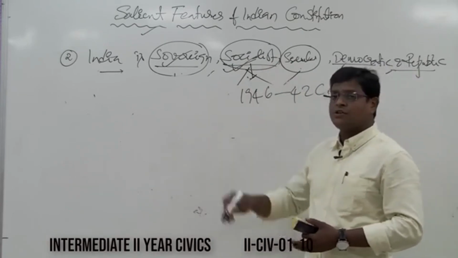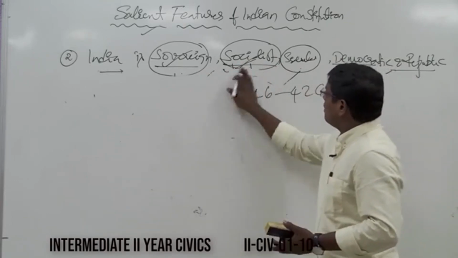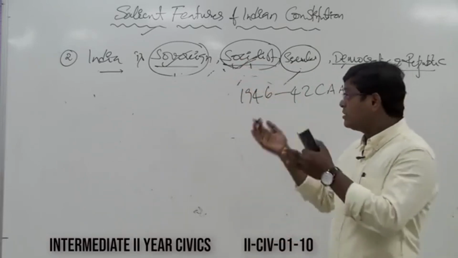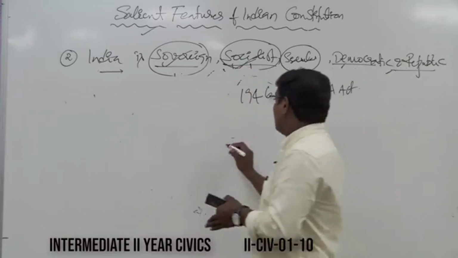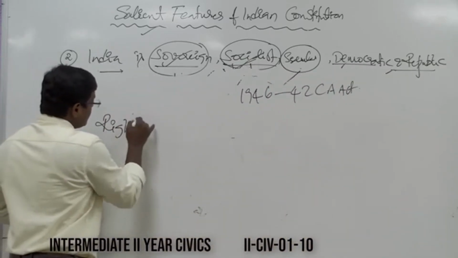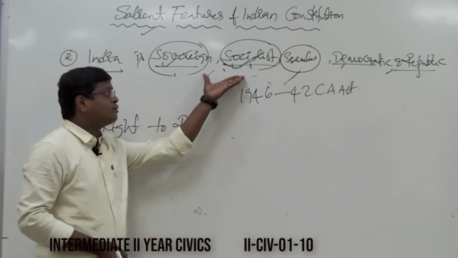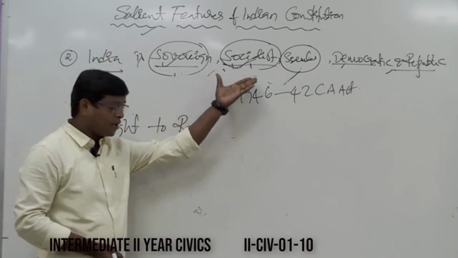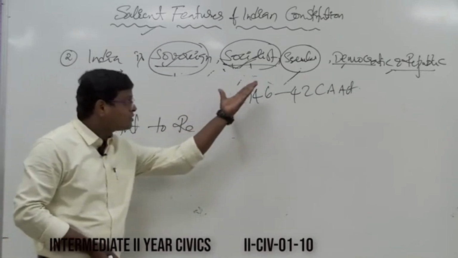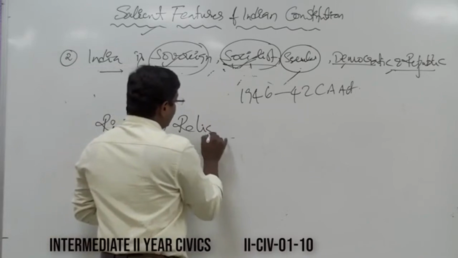In the original constitution, these two words did not exist because we did not expect these types of words in our constitution, as we had already mentioned one fundamental right, that is the right to religion. So before the incorporation of the socialistic word or secular word, we had some features of a secular state, that is the right to religion.